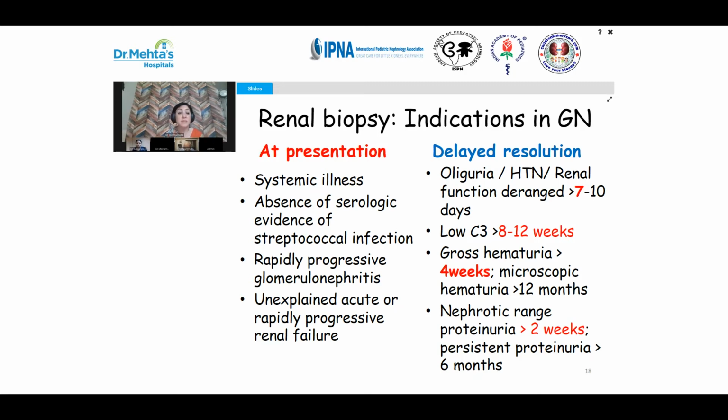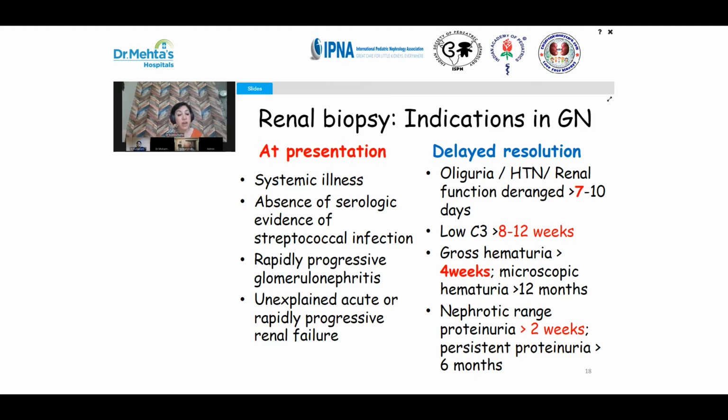If there is an absence of serological evidence of streptococcal infection, this was very important a few years ago when most cases of post-infectious GN were due to post-streptococcal infection, but it is not so evident now. But definitely if the C3 is not low at presentation, then we need to think of biopsy early. In rapidly progressive glomerulonephritis, we need to do a biopsy upfront as soon as feasible.